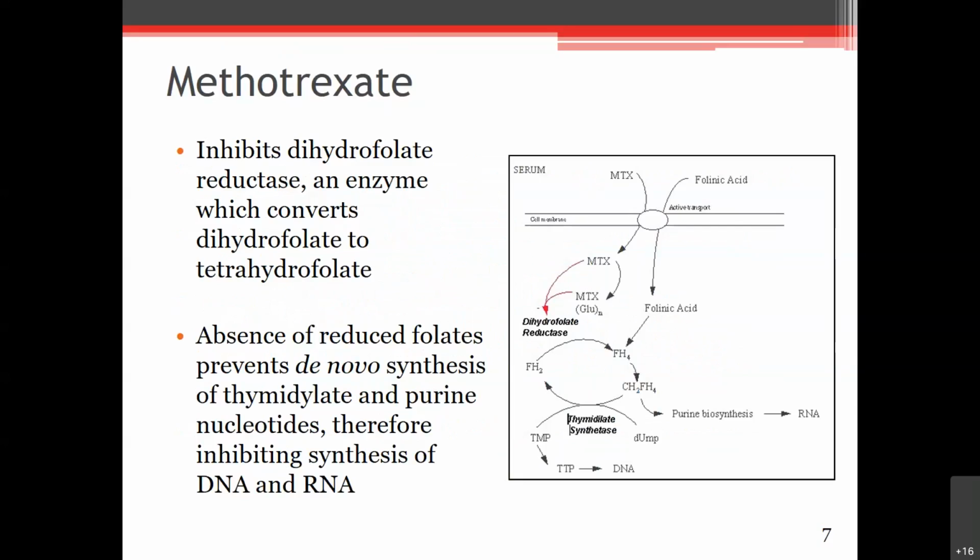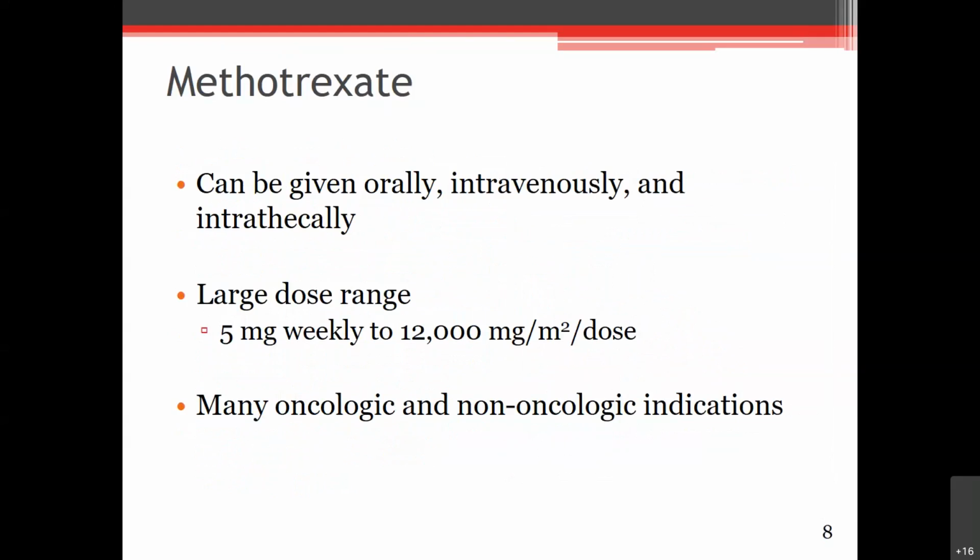In terms of the actual mechanism of action, methotrexate inhibits dihydrofolate reductase, which is an enzyme that typically converts dihydrofolate to tetrahydrofolate. The absence of reduced folates ends up preventing de novo synthesis of thymidylate and purine nucleotides, ultimately inhibiting synthesis of DNA and RNA.